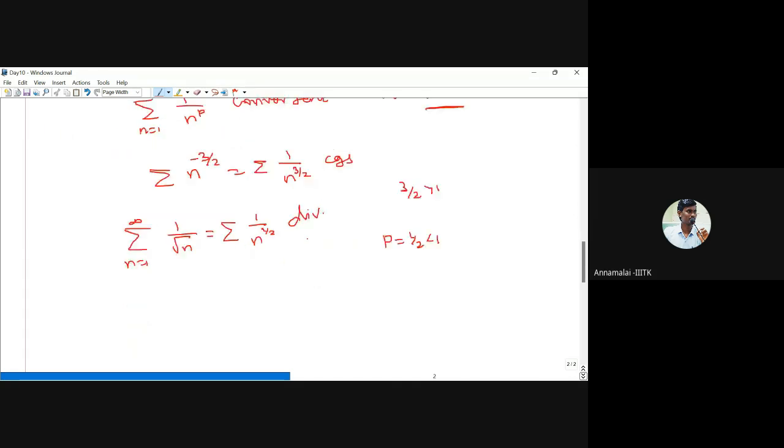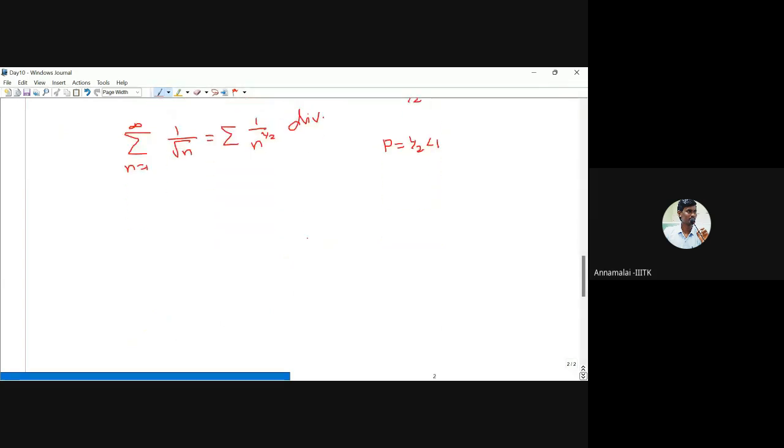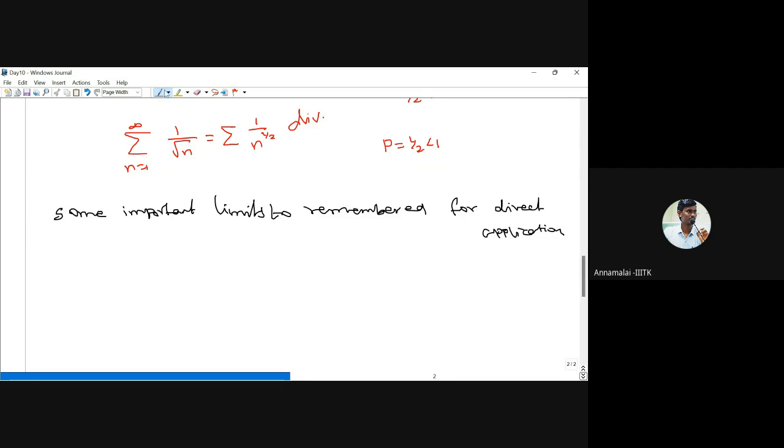Now we have some important limits of sequences that you should remember for direct application. Quickly we recall the important limits of sequences.